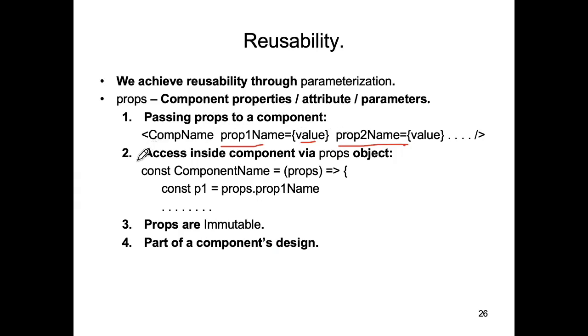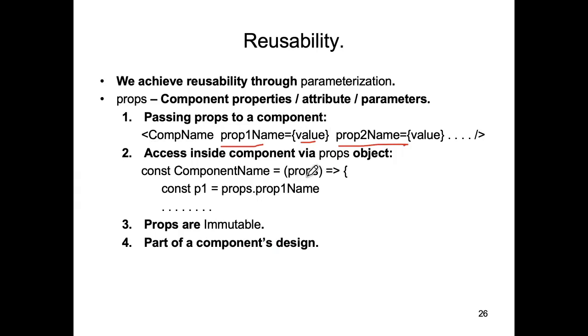Second question then is, how does the component actually refer to the props? Now, by default, a component function has a parameter, which I'm showing you here. Conventionally, we refer to the parameter as the props parameter, but you can give it any name you want to, but we may as well stick with the convention.